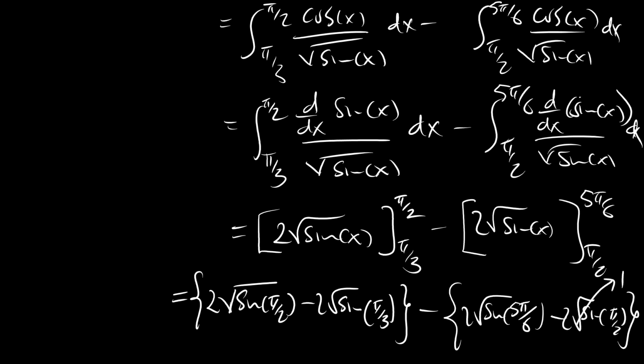So this goes to 1, this goes to 1, this goes to 2 square root of root 3 over 2, and this goes to 2 times 1 over root 2.